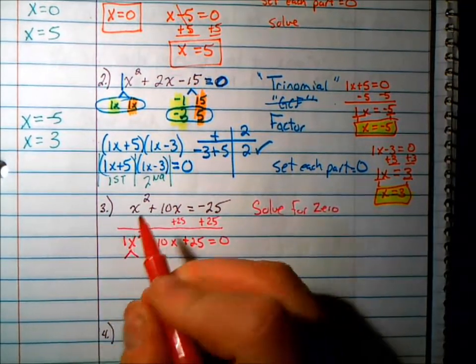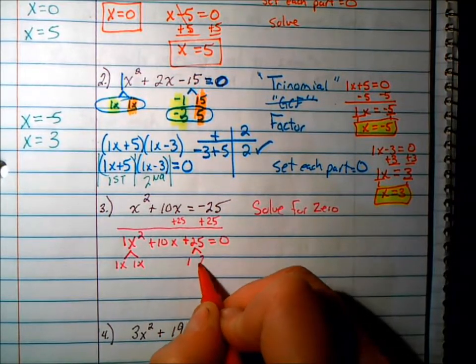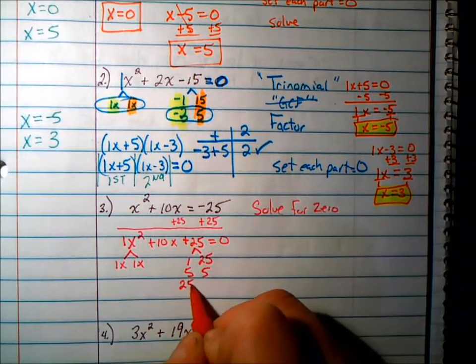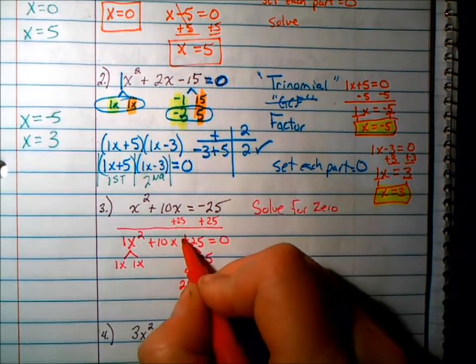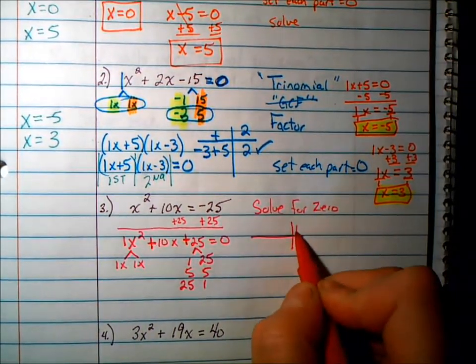So that means there's an understood 1. That'd be a 1x and a 1x. 25 would be 1 and 25, and then 5 and 5, or I could have 25 and 1. This is a positive 25, and my target is a 10.